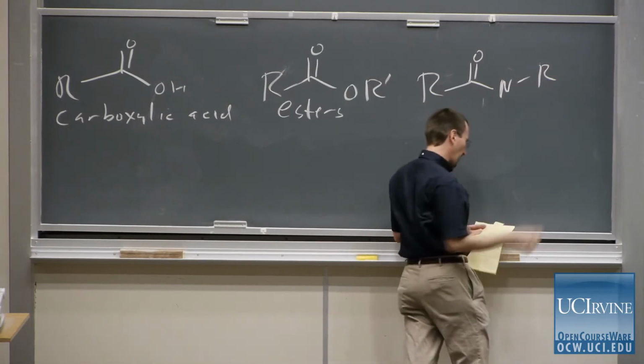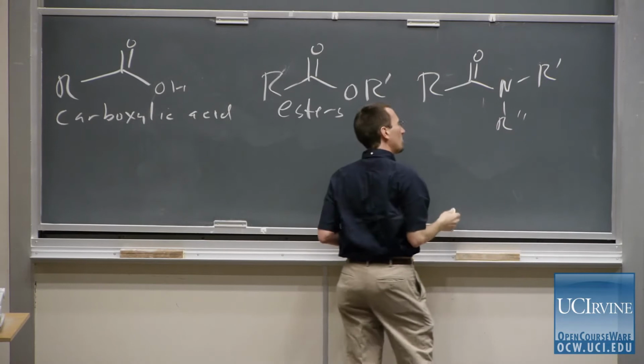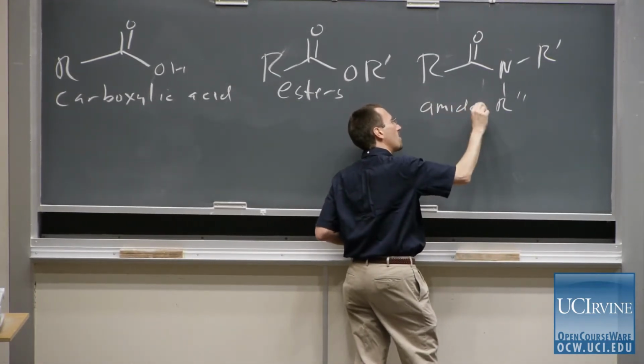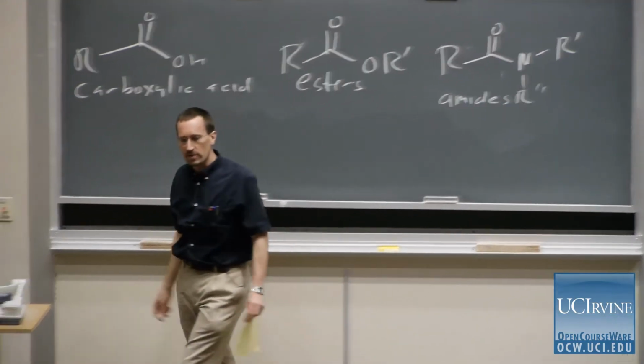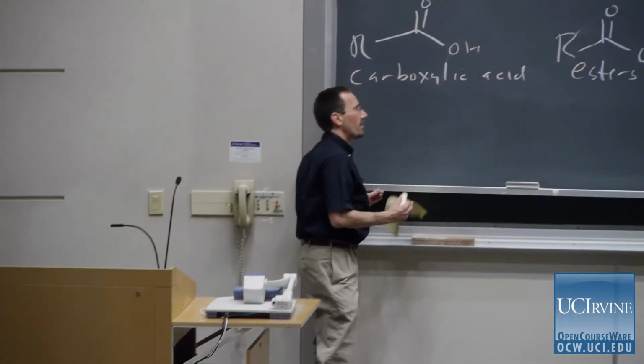Amides of various flavors. I'll just draw the amide structure generically with two generic R groups. They can be alkyl, they can be aromatic, they can be hydrogens, and we have various flavors of amide, primary, secondary, and tertiary amide. We'll talk a little bit more about them.